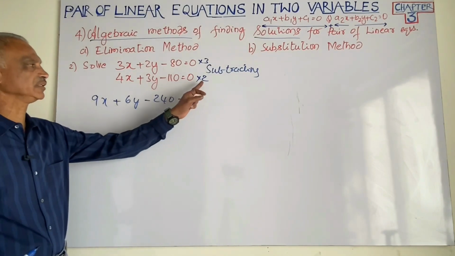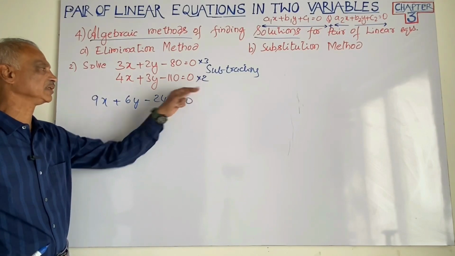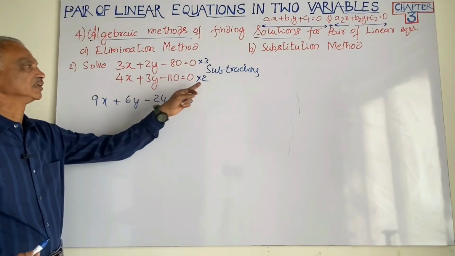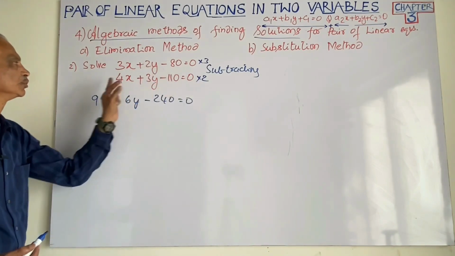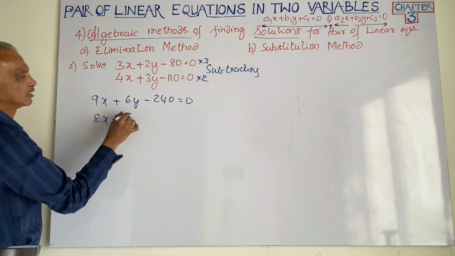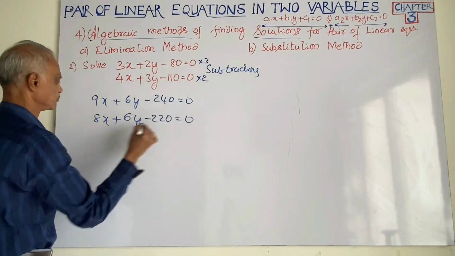Now you multiply this equation with 2. Why I am multiplying 2 to equate 2y and 3y. You are multiplying this with 3 and this with 2. 2 4s are 8x, 3 2s are 6y minus 220 is equal to 0.